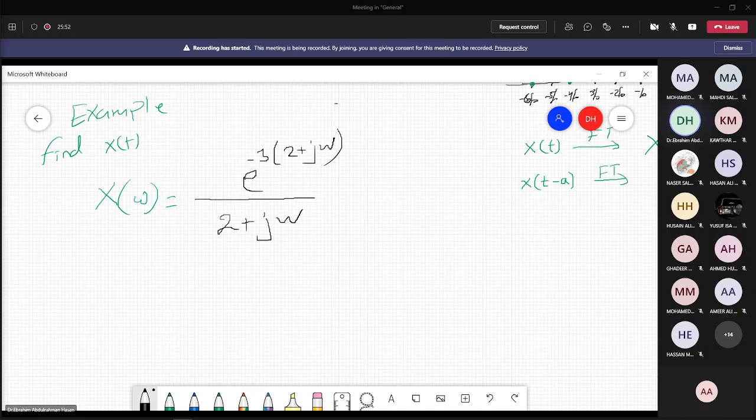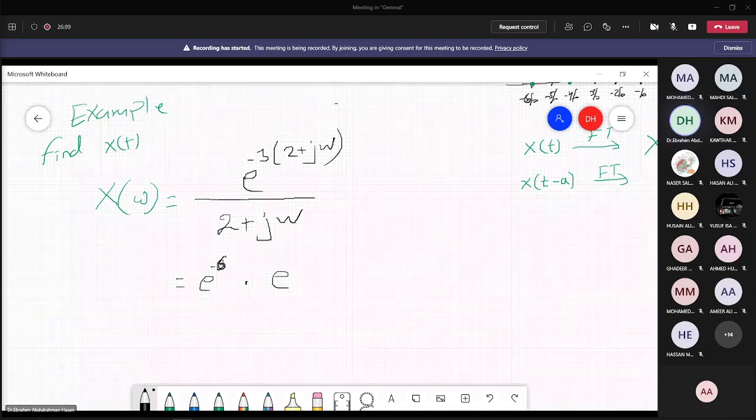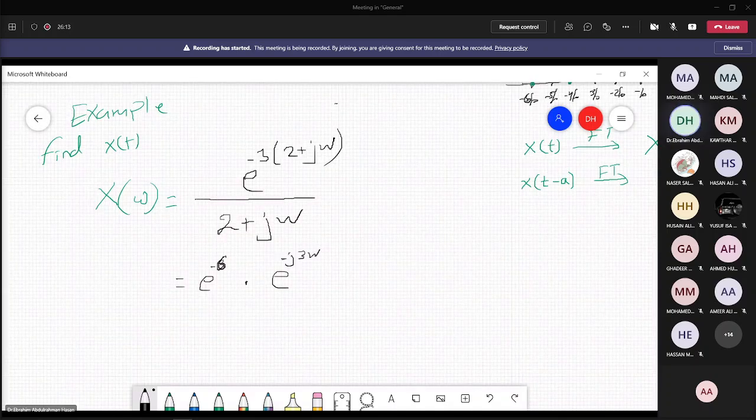How to do it? Okay, let me split this one. So this is equal to e to the power of minus 6, multiplied by e to the power of minus j 3 omega, multiplied by 1 over 2 plus j omega.